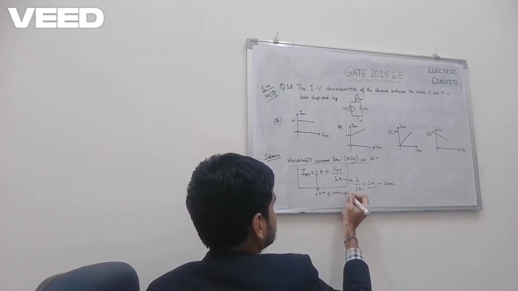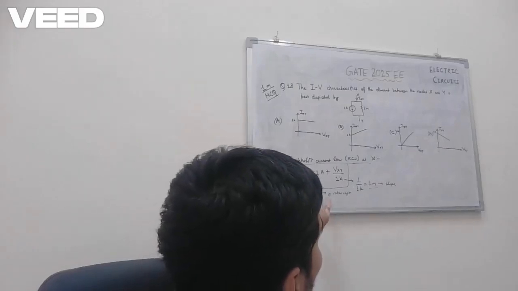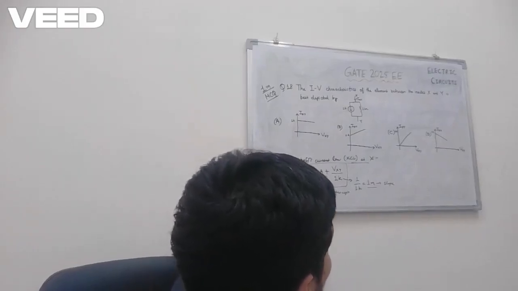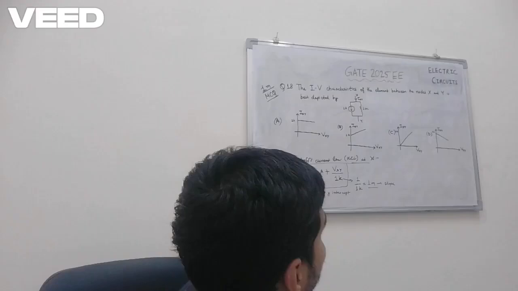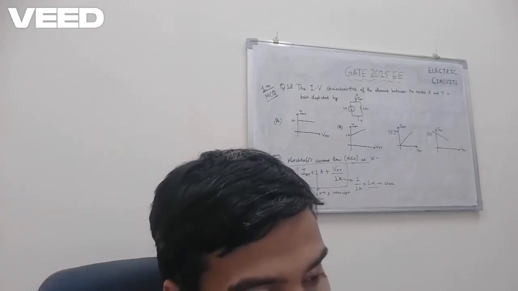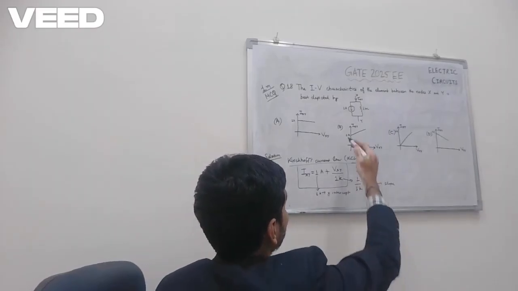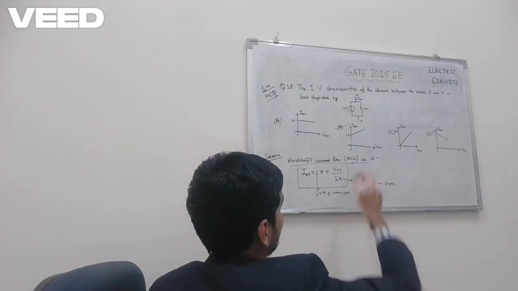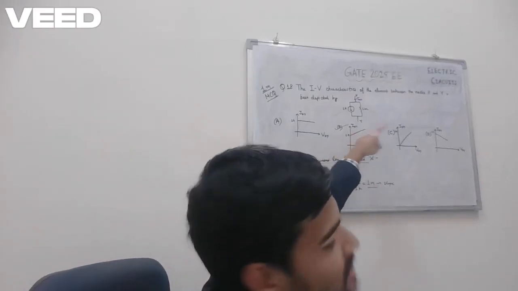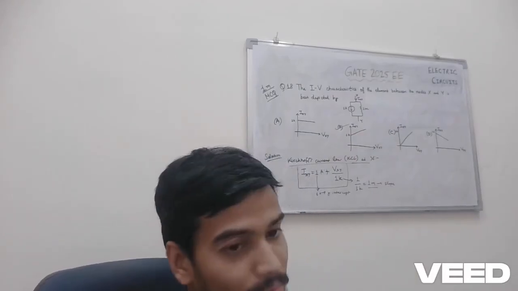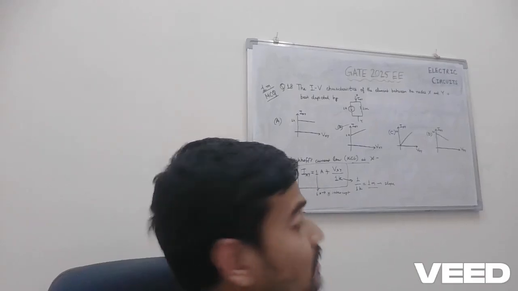So among the options given, it matches with option B, as you can see, such that IXY versus VXY has a y-intercept of 1 ampere and a slope of 1 by 1k, that is 1 millisiemens.